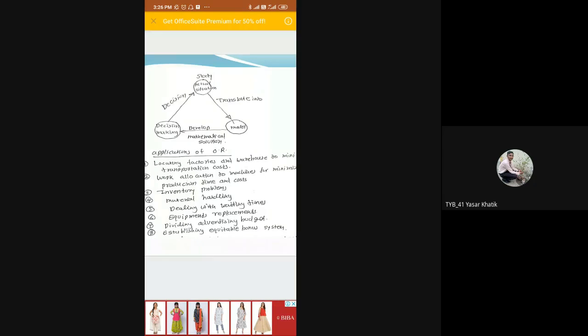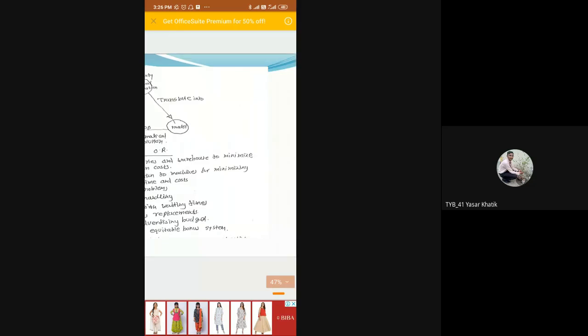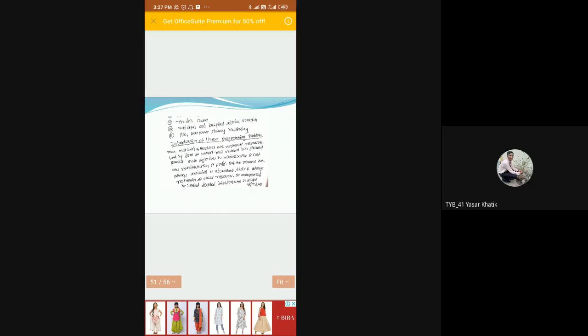Applications: industry, military organization, manpower problems, inventory, transportation, waiting theory, equipment replacement, bonus system. Anywhere we can use OR. Also production planning, municipal corporations, and hospitals. Whenever the situation in hospitals or municipal corporations is bad, we can make use of this OR technique to solve these problems.